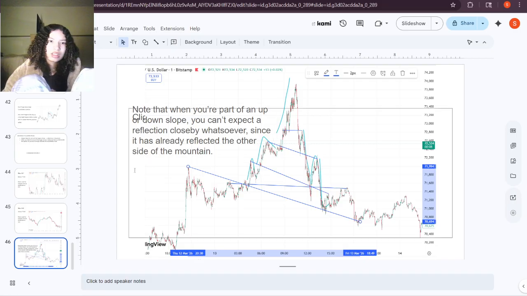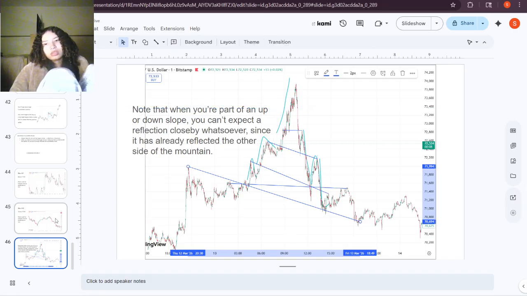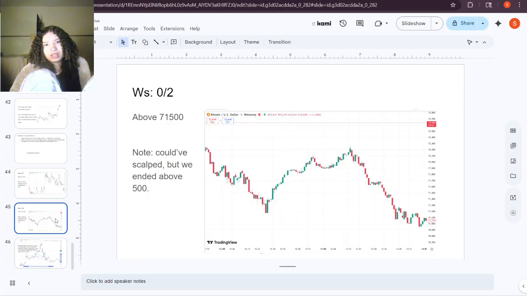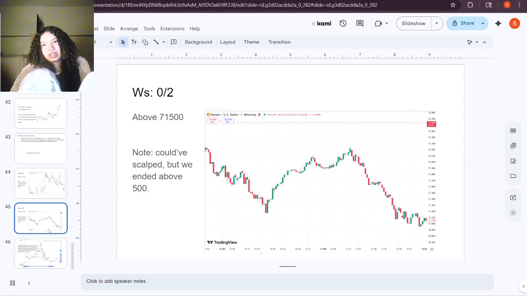Get rid of this. And that's why we failed. I said above, but we are on a downward slope. So it wasn't going to reflect hard.